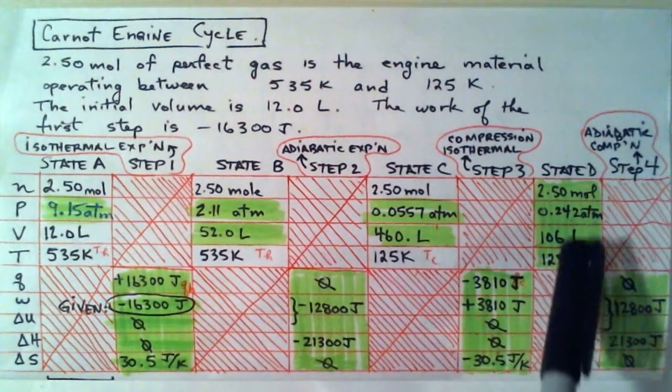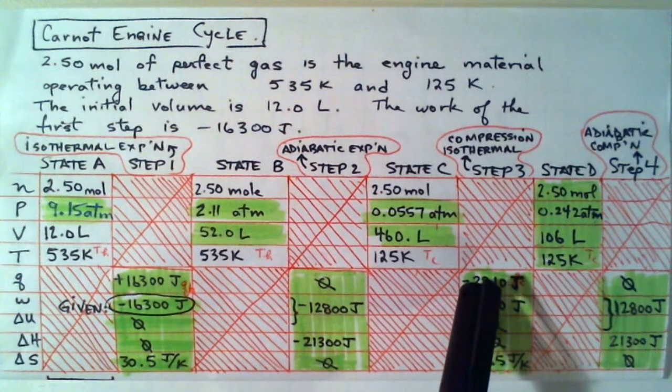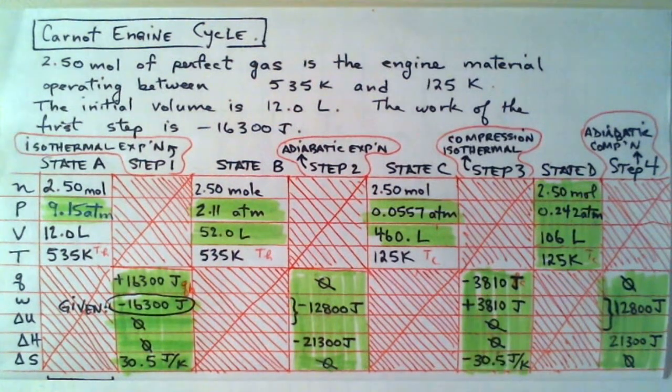When we were left with two unknowns here, we used that to find the Q cold and then continue. So those would be the two features that I would say are important here that make this question stand out from the regular questions of finding Q, W, delta T, delta H, delta S, etc. Great. Okay, good.